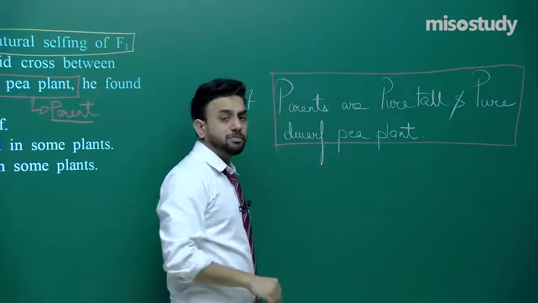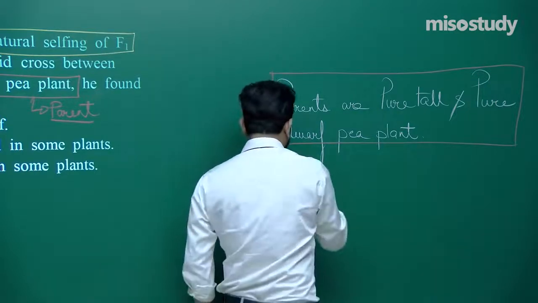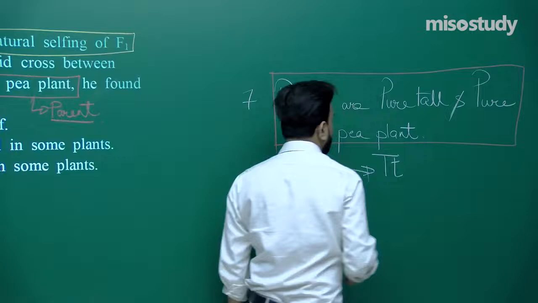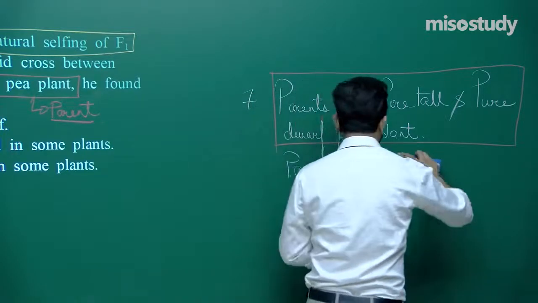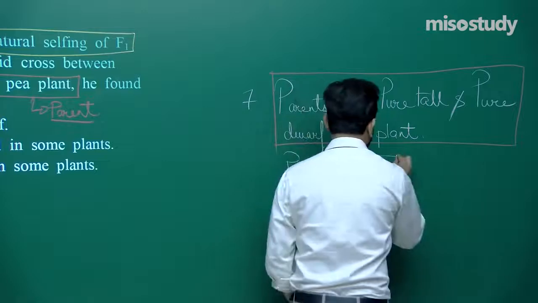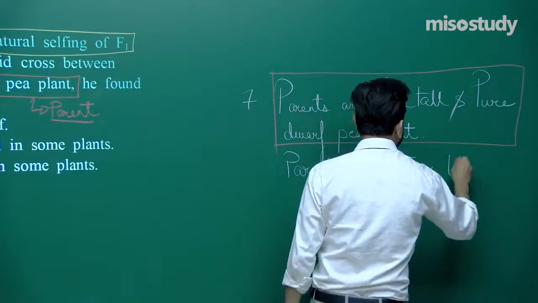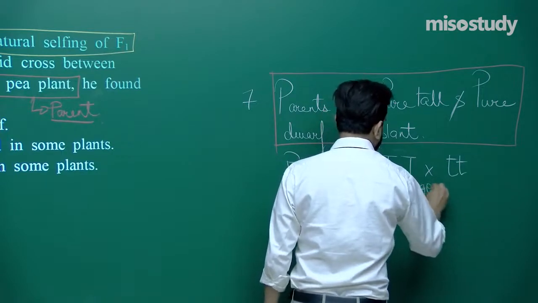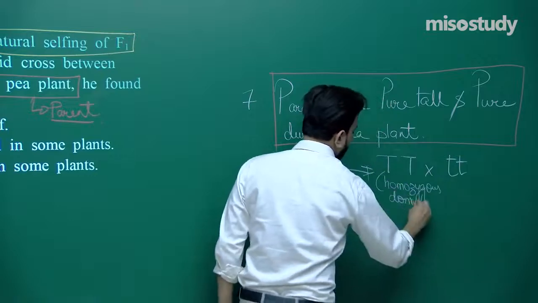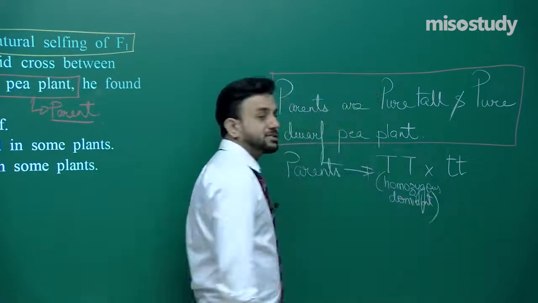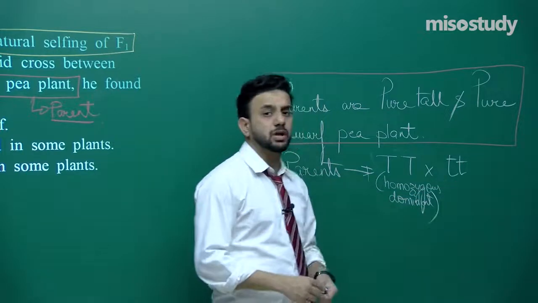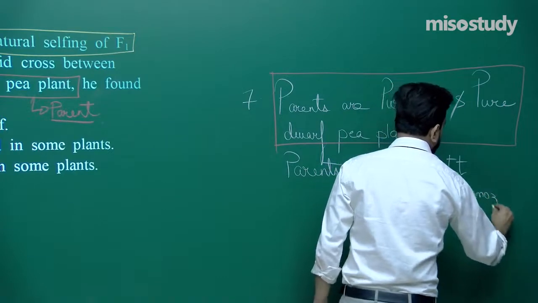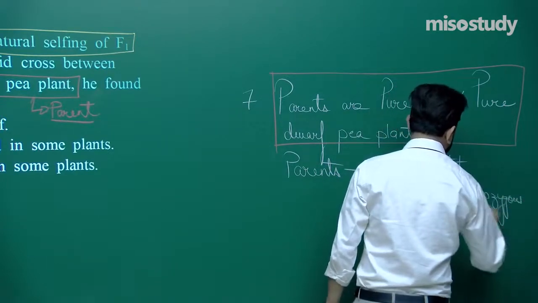Parents are pure tall and pure dwarf pea plant. So if I write the parents, what will they be? Capital T, sorry, pure tall, so homozygous dominant condition we have to take, and the homozygous recessive condition. So this is homozygous dominant, right? And this is the homozygous recessive condition.